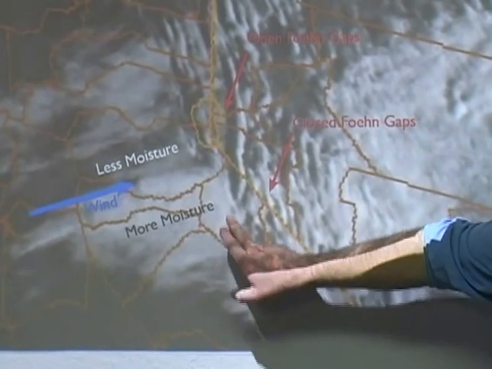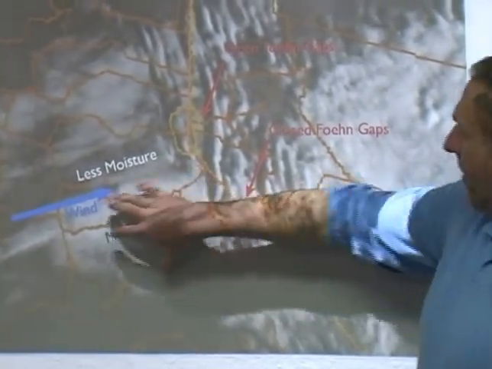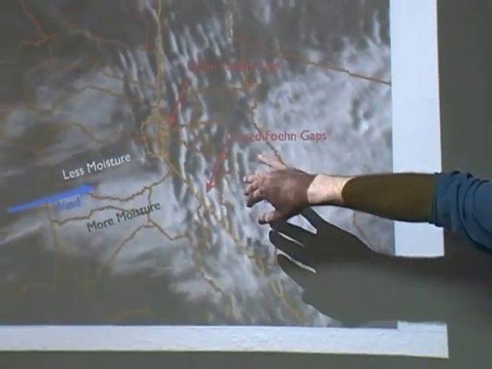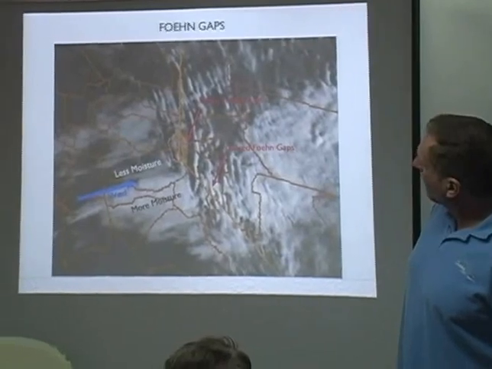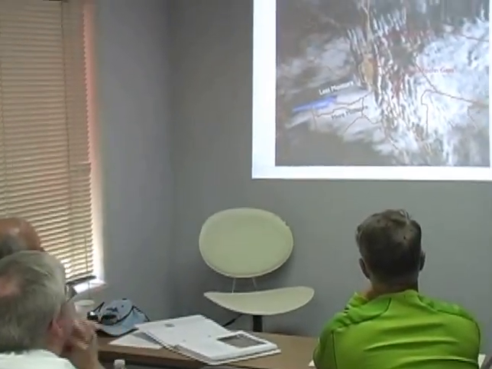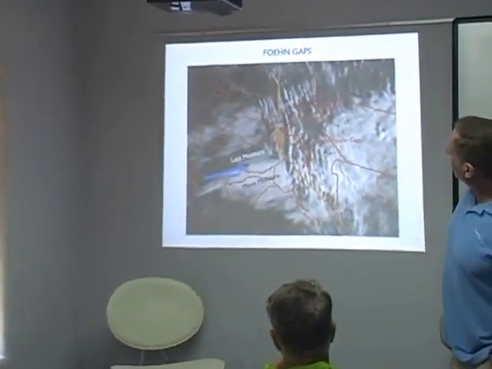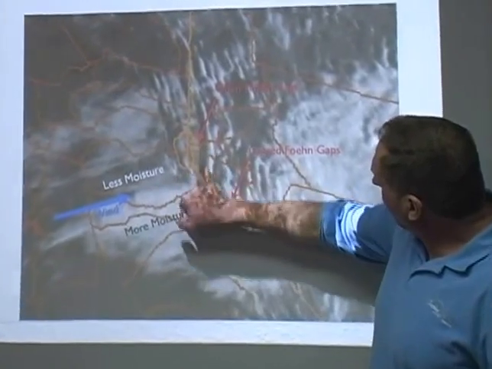So you would not want to be down here. Again, it's good to know what's coming your way when you're going out to fly. What are the boundary lines, counties? Oh, yeah, those are counties. And there's Lake Tahoe right there. This is the Carson Valley.